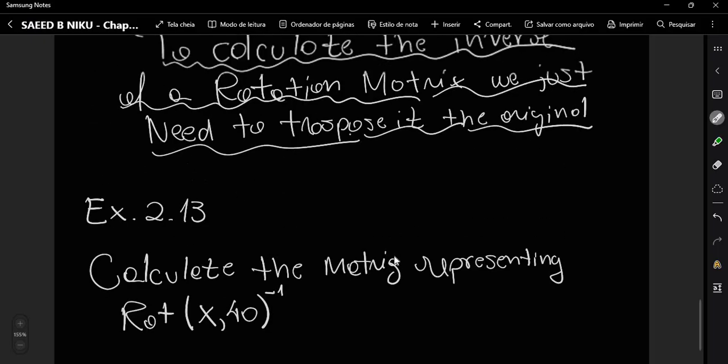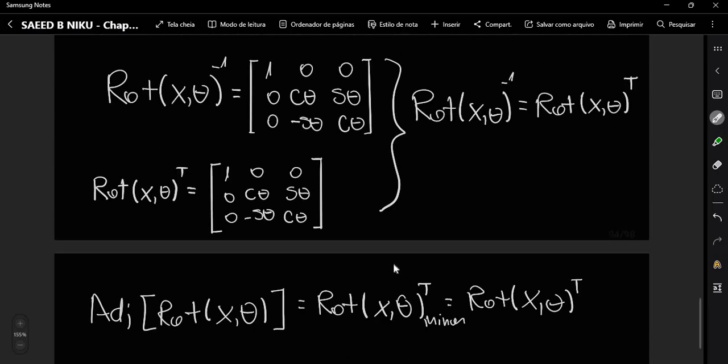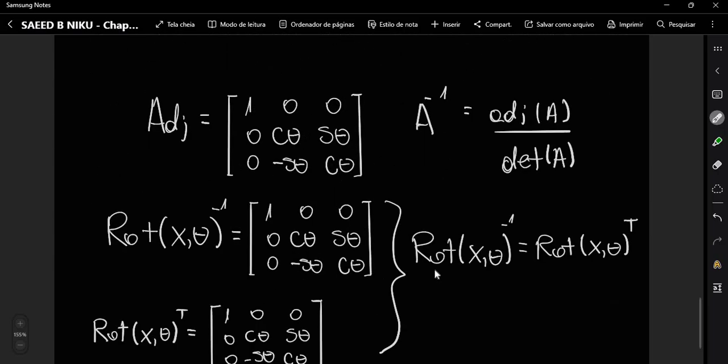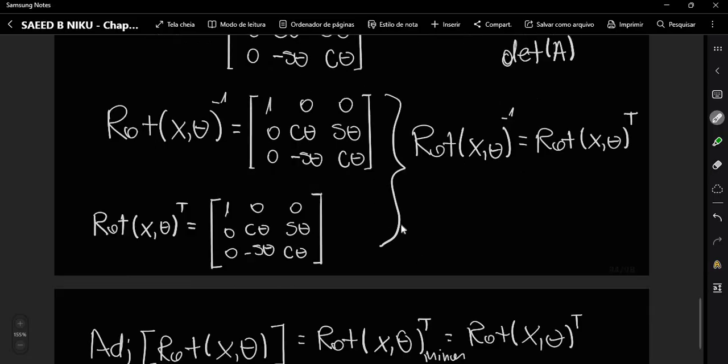One thing that I didn't tell you is that these simple rotation matrices, which can also be a rotation matrix around the axis y and the axis z, are called unitary matrices.